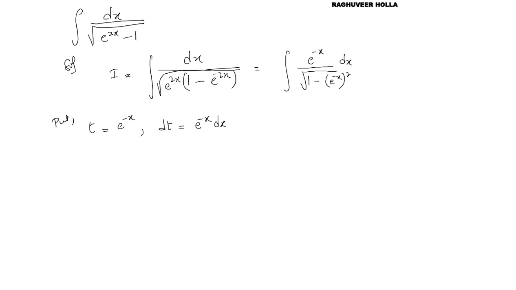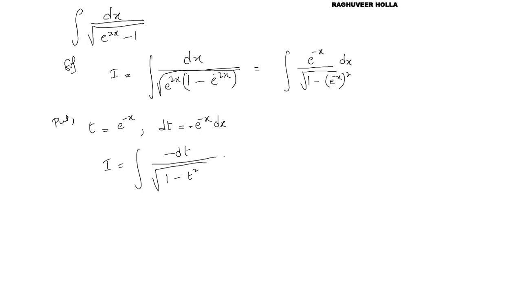Now I is equal to integral minus dt, okay. So this is minus dt divided by square root of 1 minus t square.